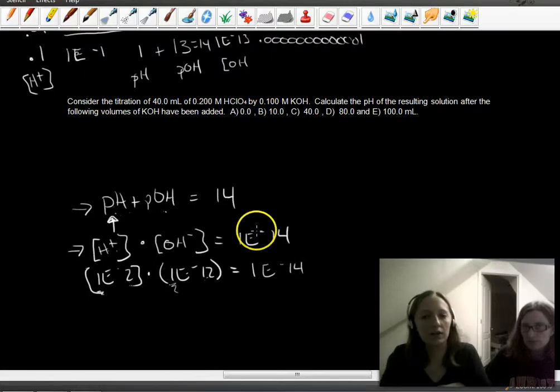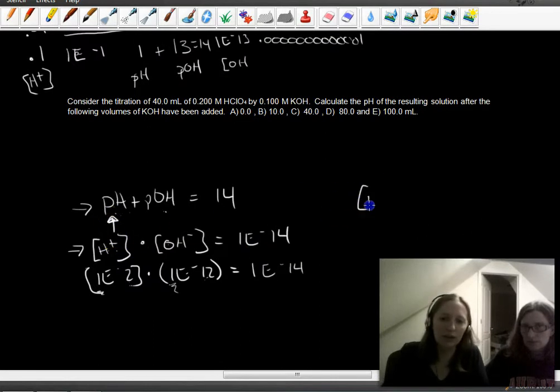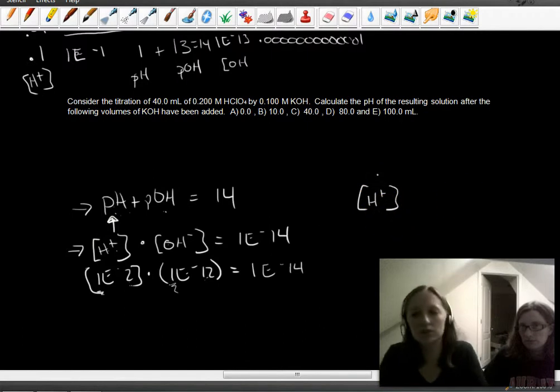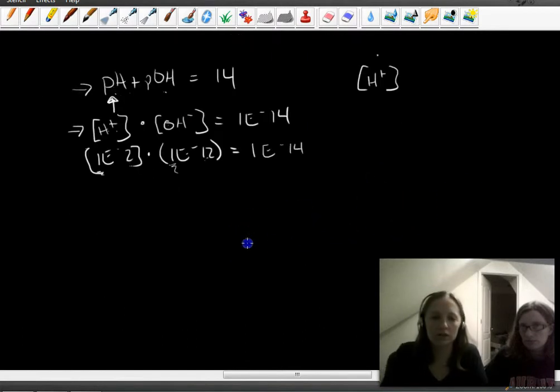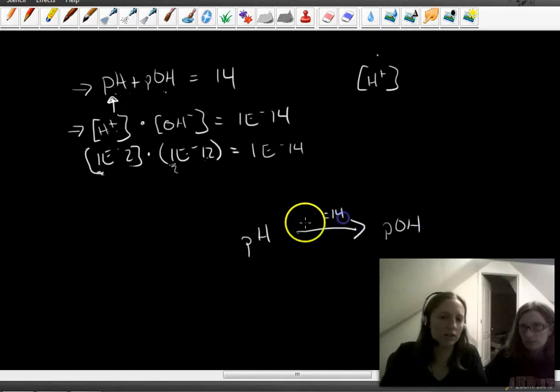So from the H plus to get to, there's a little square that I drew before, which is pH and pOH. To get there, they equal 14, right? To get from your H plus concentration to the pH, it's negative log of the H plus.